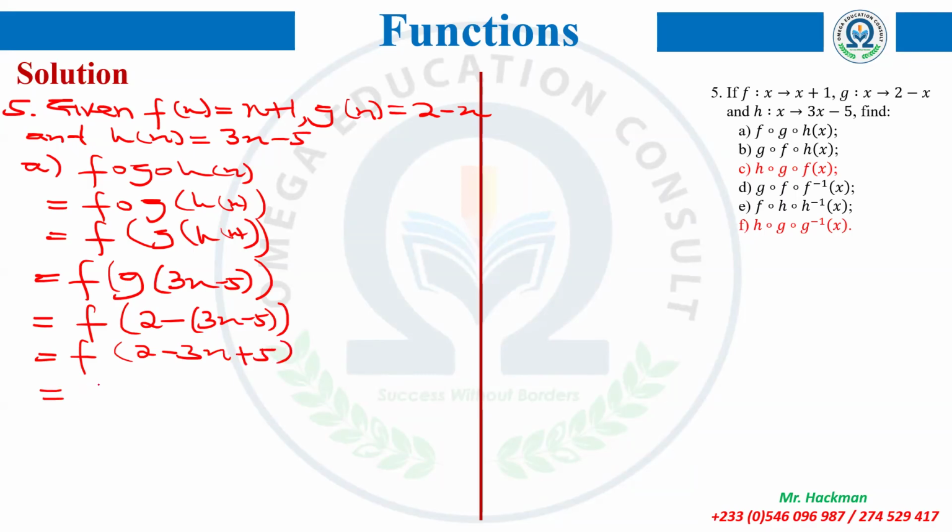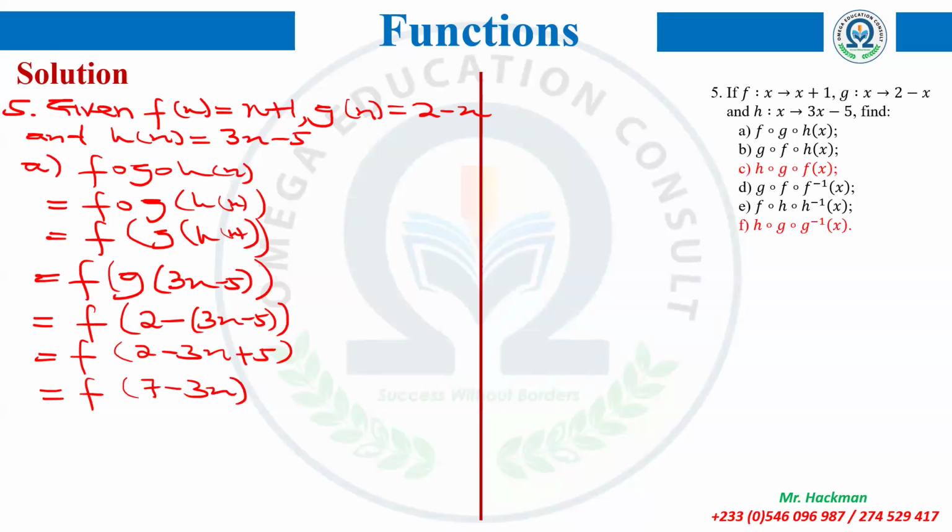Which gives us f of 7 minus 3x. All correct? Yes, please. Okay, so now f of 7 minus 3x, what is the meaning? What is the meaning of f of 7 minus 3x?